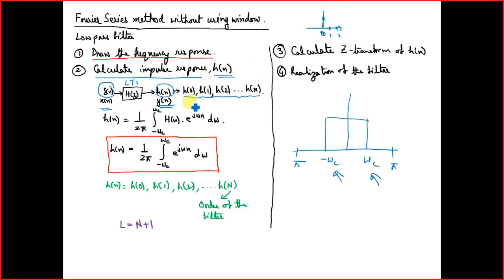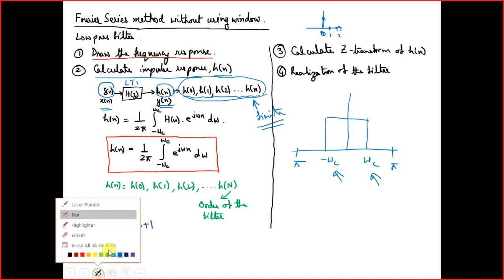For an FIR filter, we have previously discussed that these impulse response values h0, h1, h2 up to hn are finite in nature, finite in number. So we have to calculate these values from the frequency response of the ideal low pass filter.